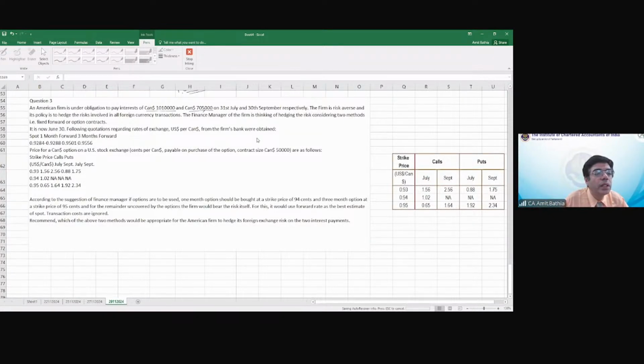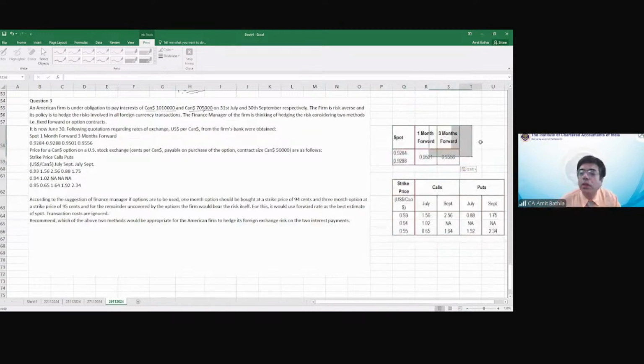So what are those rates? I have spot rate, so what we are given over here is the spot rate. What I have done is I have got this into a table over here, right?